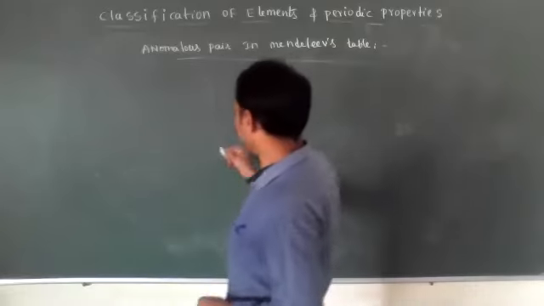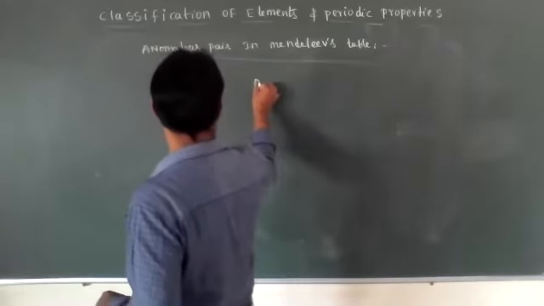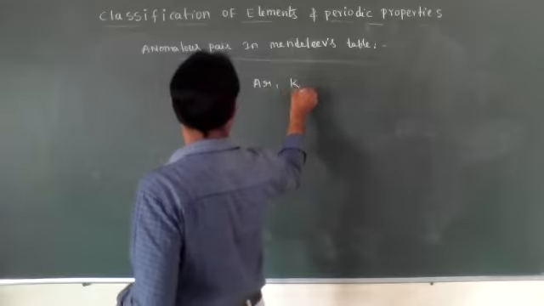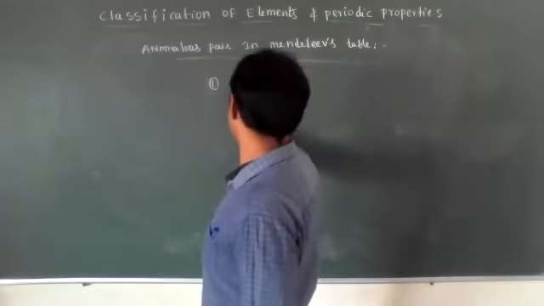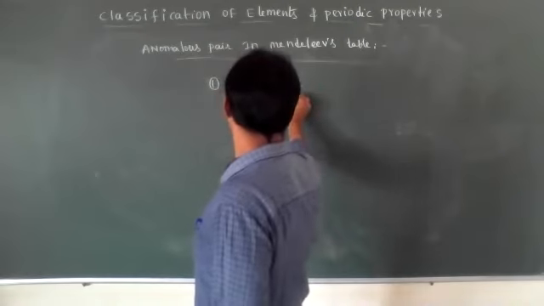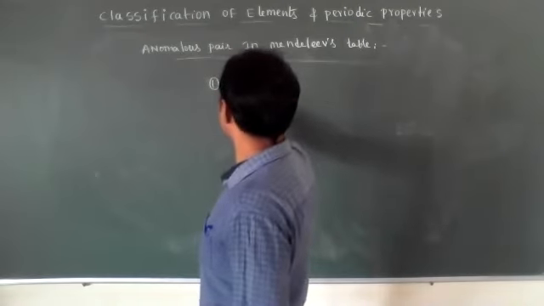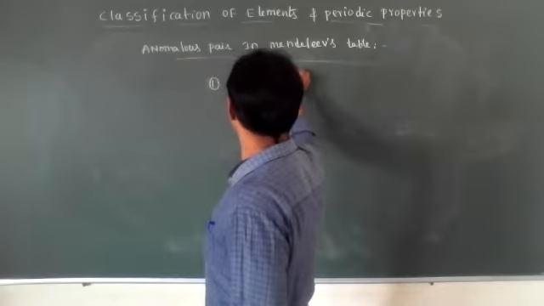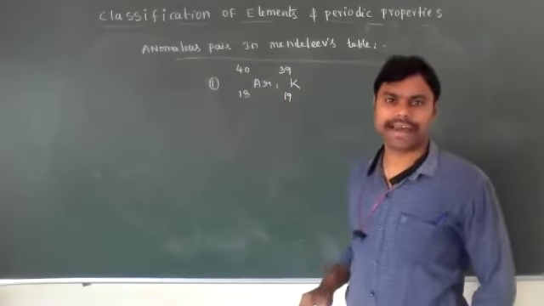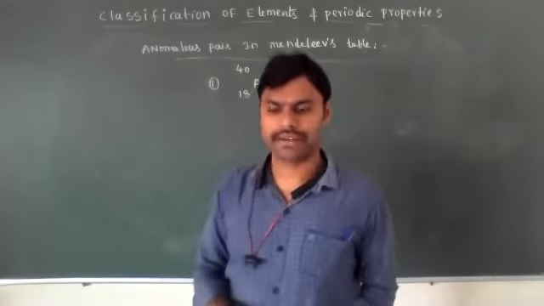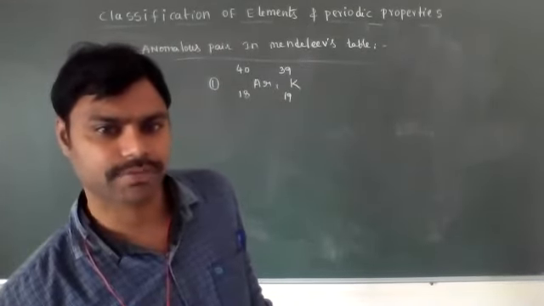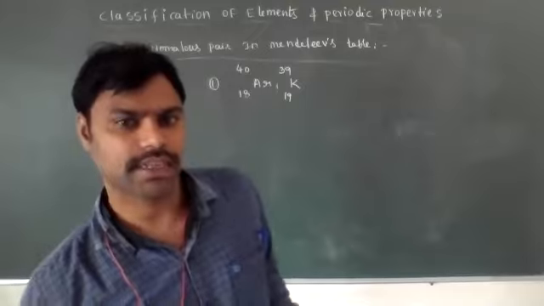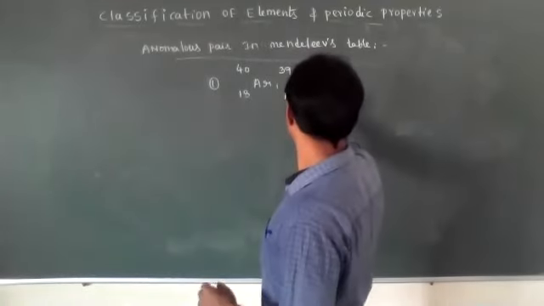What are those? The first one is argon and potassium. We know argon's atomic number is 18 and potassium's atomic number is 19, but argon's mass is 40 and potassium's is 39. That's why it is called an anomalous pair. Directly they ask which among the following is an anomalous pair, so we have to remember.